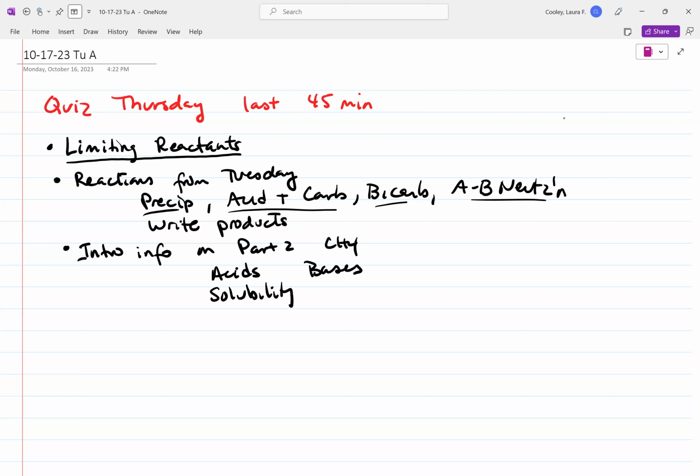Do all ionic compounds dissolve? No. Remember, we looked at a thing that showed that you could have solid, liquid, or gas. Some solids dissolve, some liquids dissolve, some don't. There's just no pattern to figure out the solubility of ionic compounds, which is why we give you the solubility chart.